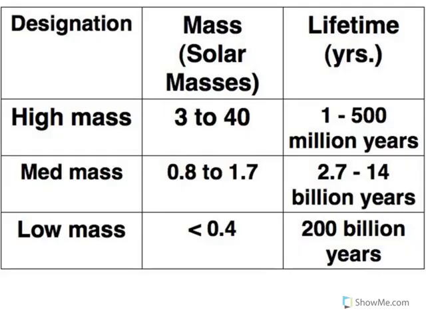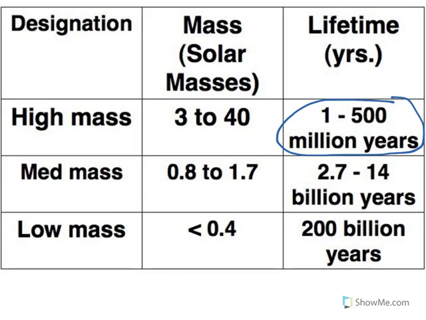So to give you an idea of lifespans, a high mass star can have a lifespan as short as 1,000,000 years, which astronomically speaking is a pretty short period of time. I know it doesn't sound like a short period of time on a human scale, but astronomically that is a blink of the eye.